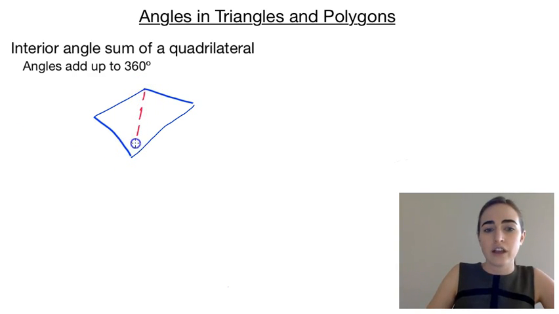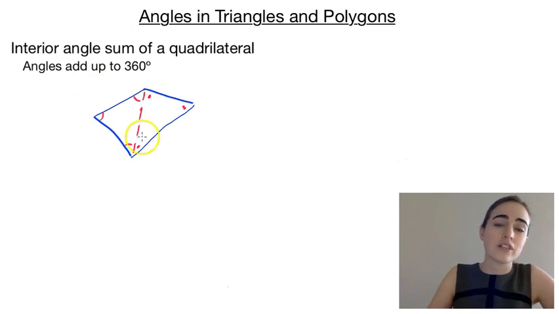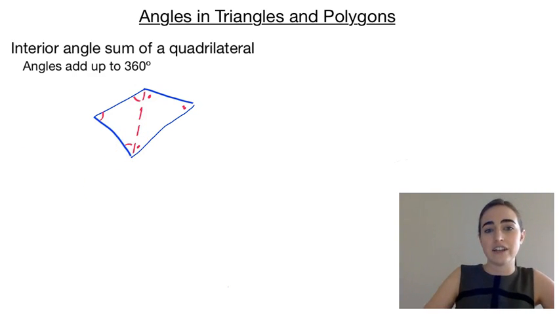If we draw a line down here, we could have gone the other direction as well, it doesn't matter. Now we have two triangles, and we know that the interior angle sum of this triangle is 180, and the interior angle sum of this triangle is 180. So that means altogether, all four angles in that quadrilateral add up to 360 degrees.